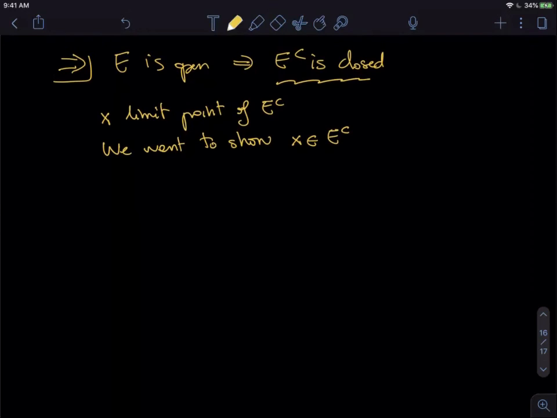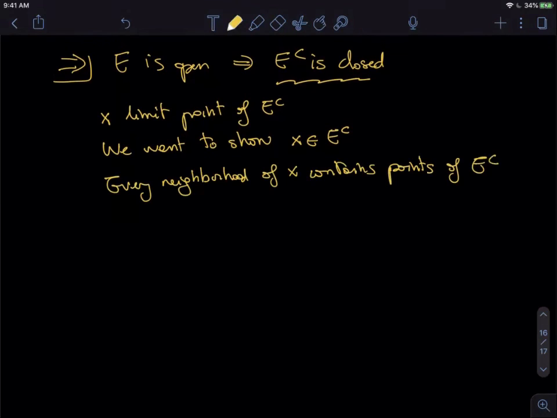Okay, so we know that every neighborhood of X contains some point from E^C, from the complement.